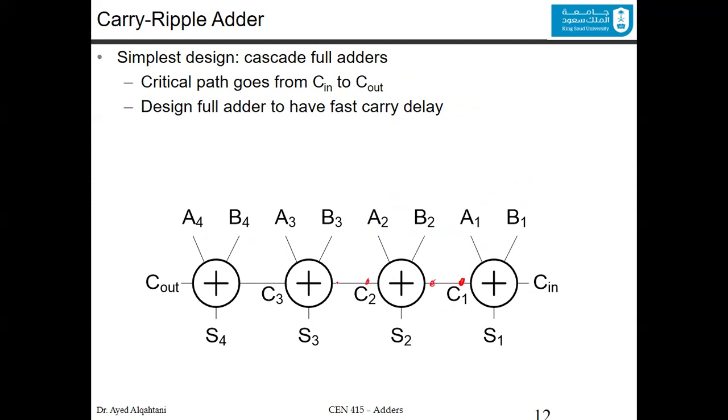The carry out is connected to the carry in, carry out connected to the carry in, and now you have the carry out for a 4-bit addition of A and B. This is the simplest design. It cascades the full adder, as you can see. What's inside this circle is one of the designs that we've just discussed, 1 or 2 or 3 or 4, until we get the carry out.